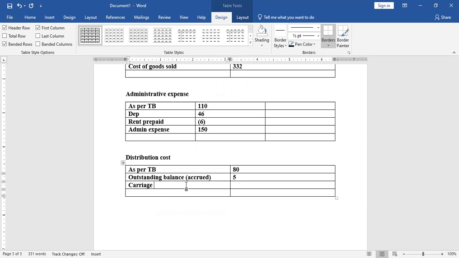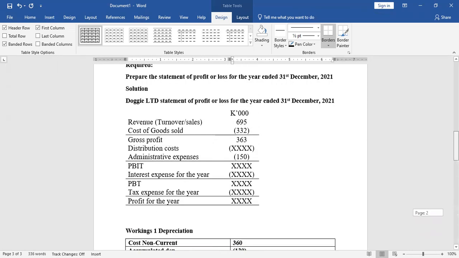Selling and distribution, carriage outward, 2 there. So I have 80 plus 5 plus 2, and this is my distribution cost, 87. So under distribution cost, I'll put 87 there.